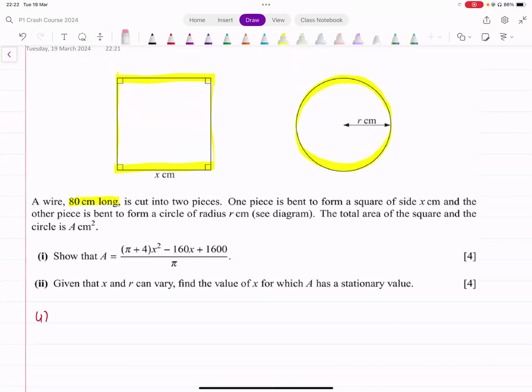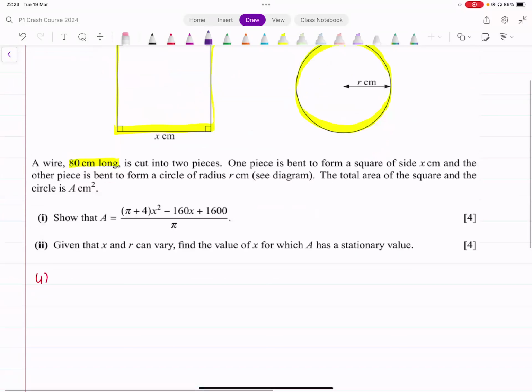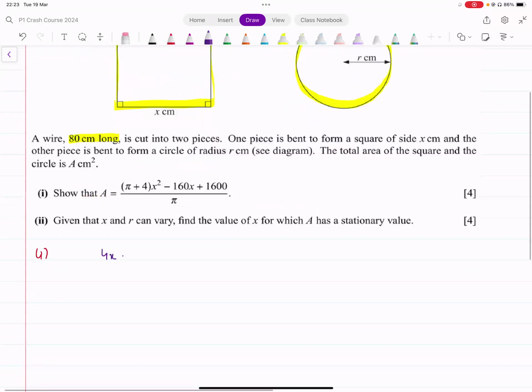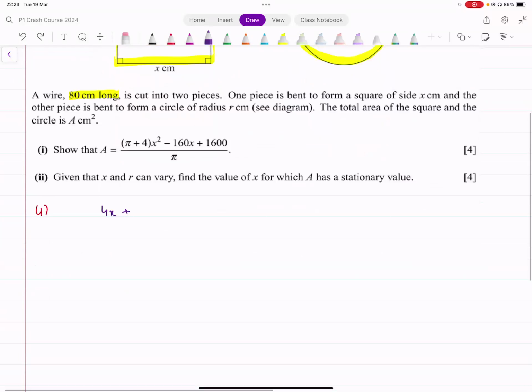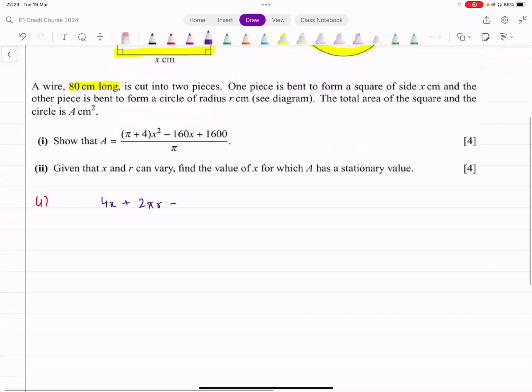One side is x, x plus x plus x plus x, that's 4 times x. So 4x plus the perimeter of the circle, the circumference of the circle, that's 2 pi r. 4x plus 2 pi r, this should equal 80. That is one equation that we have. We can simplify this and write it like this: 2x plus pi r equals 40 by dividing the whole equation by 2. That's one equation that we have.